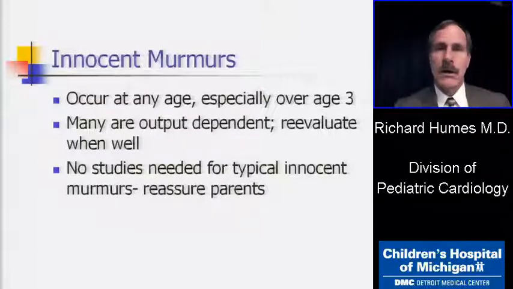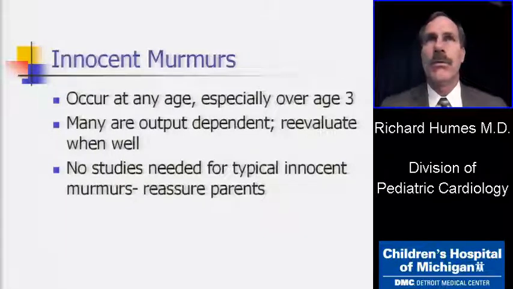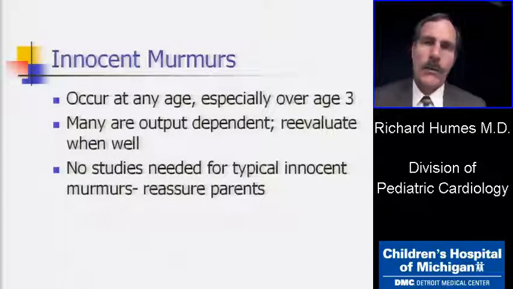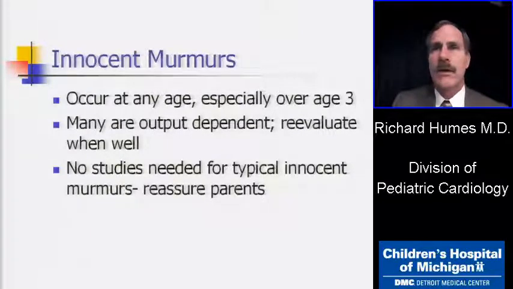Once you have locked into your brain what innocent murmurs sound like, generally you don't need to do any studies for those. You reassure the patients that the murmur is innocent. You make sure that the parents realize that they don't just have a heart murmur, but they have an innocent heart murmur.